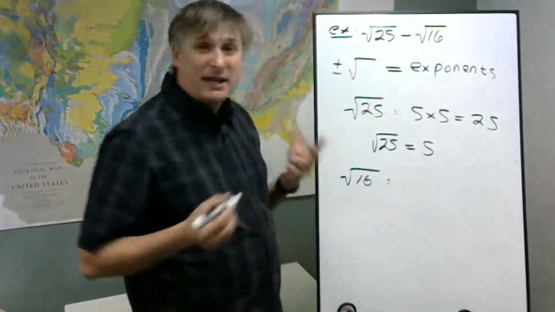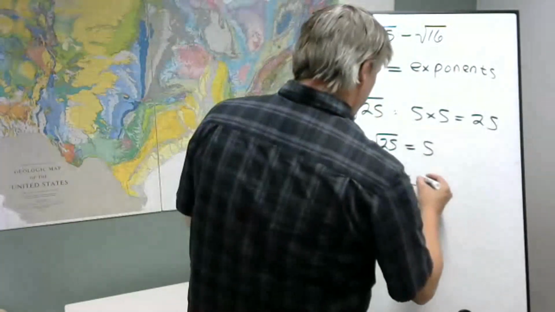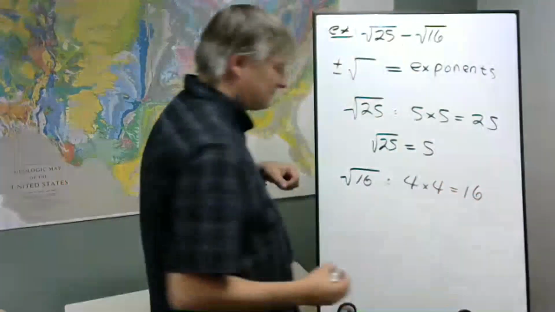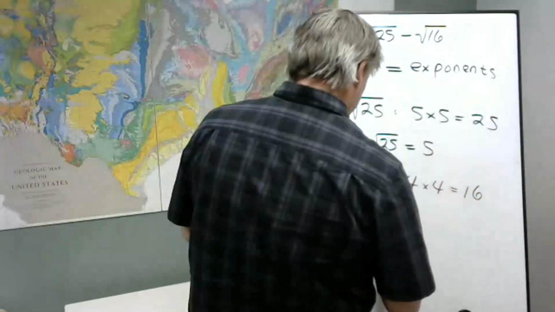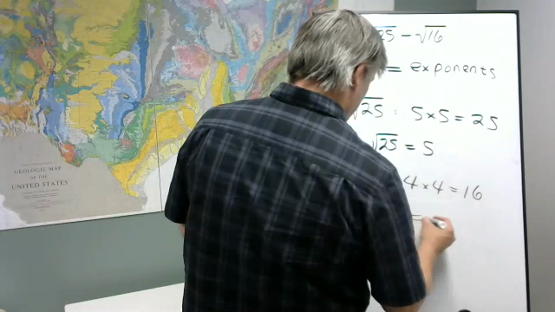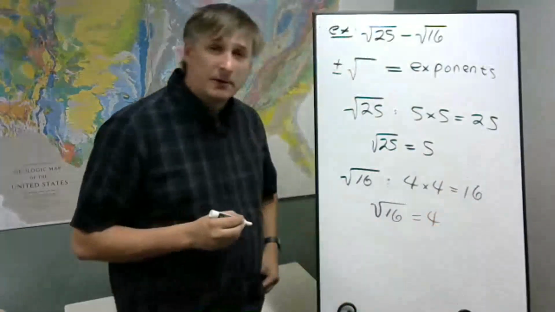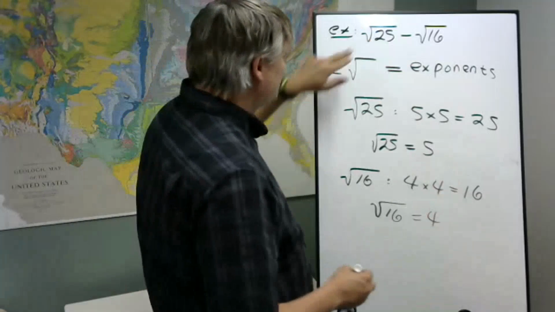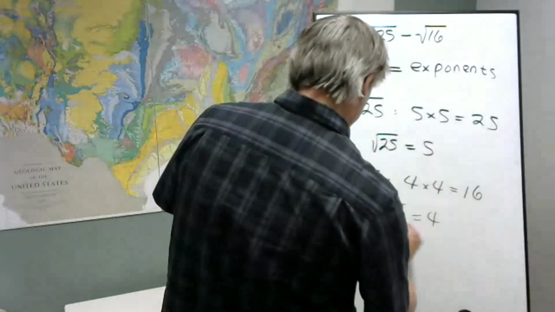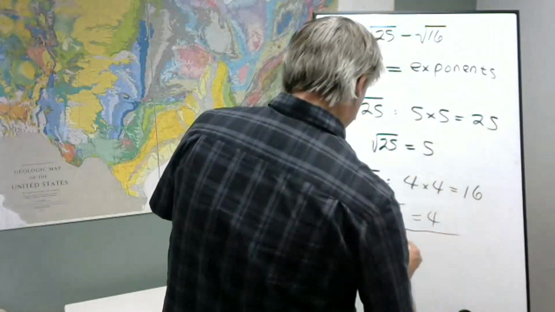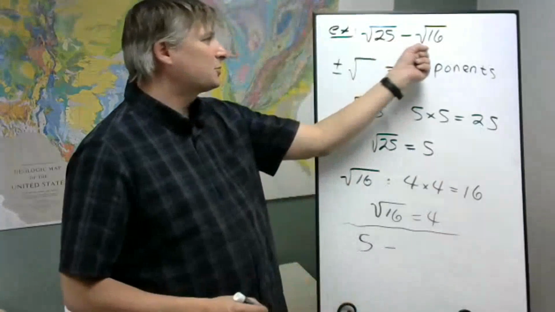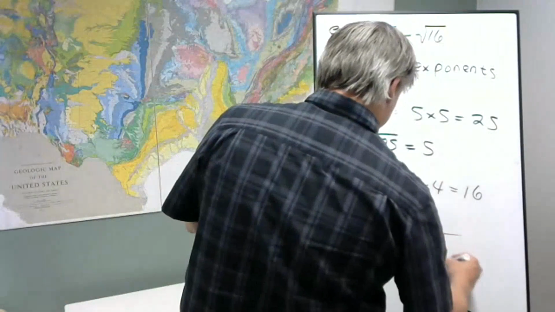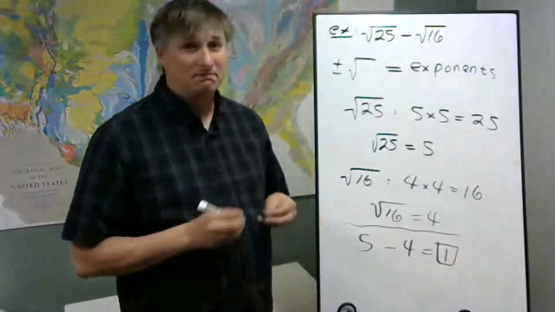You look on your multiplication table, you'll see that it's 4 times 4 that gives you 16. So the square root of 16 is equal to 4. So now we can simplify this. Square root of 25 is 5 minus the square root of 16. And we're going to get 1.